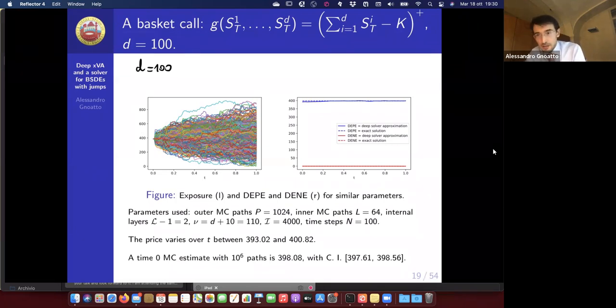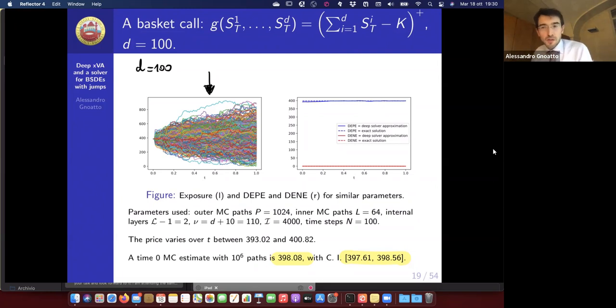But with our solver, we can simulate relatively easily whole paths of a contingent claim which depends on 100 underlyings. These are again paths of the contingent claim, and we still retain a good level of precision in spite of the high dimension of this example. So far so good.